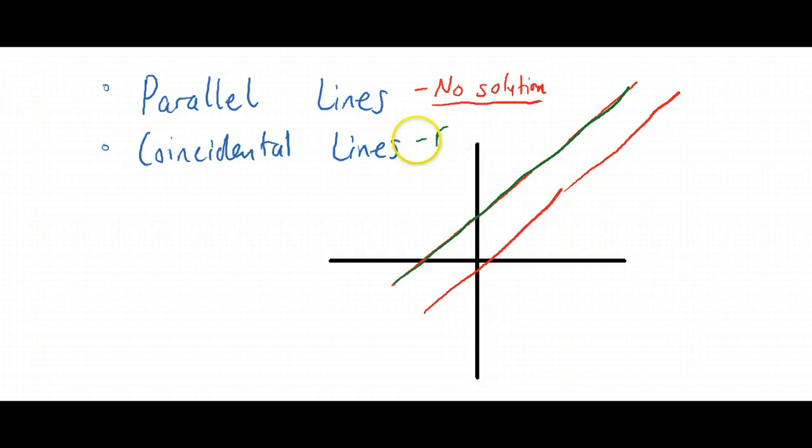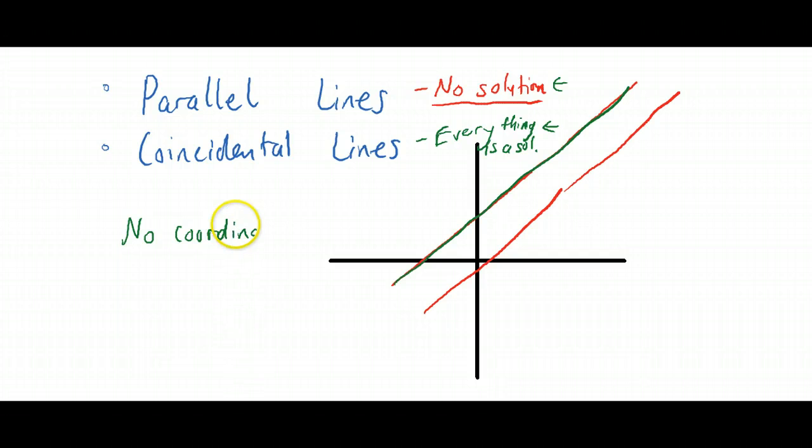So everything will be a solution, which is kind of no solution at all either, because we can't write down every single infinite number. So in either of these two situations, you're not going to get a pair of coordinates where they intersect. So look out for both of those situations.